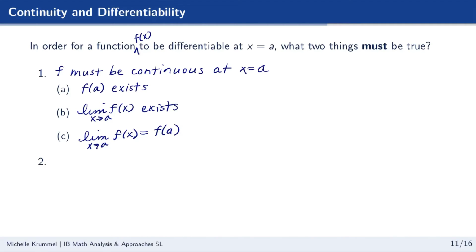And then number 2 has to do with the slope, the f prime of x. The limit of f prime of x as x approaches a has to exist. So that means you can't have a different slope as you approach a from the left than you do as you approach a from the right, because in that case the limit of the slope would not exist.